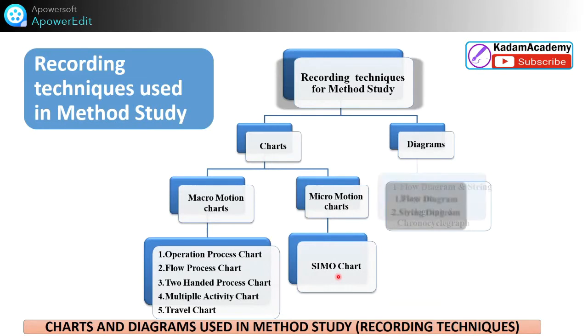Similarly, for diagrams, there are the flow diagram, string diagram, cycle graph and chronocycle graph. Why these different charts exist, for what purpose, and which chart to use, I have explained with examples in these videos. Watch all five videos on these recording techniques.